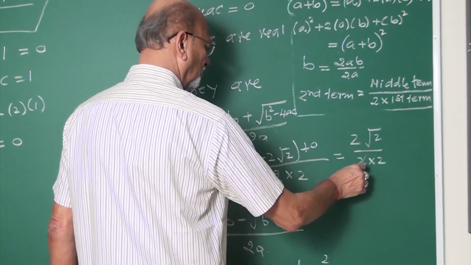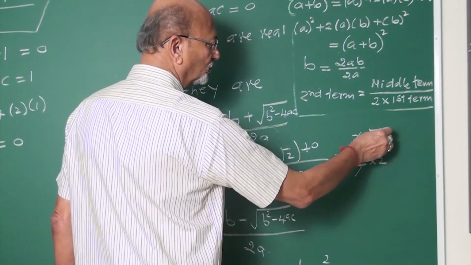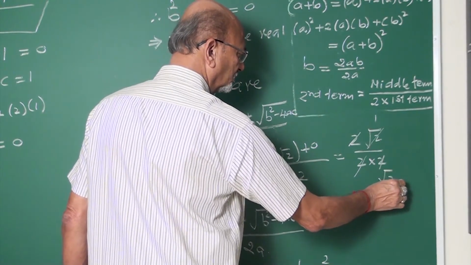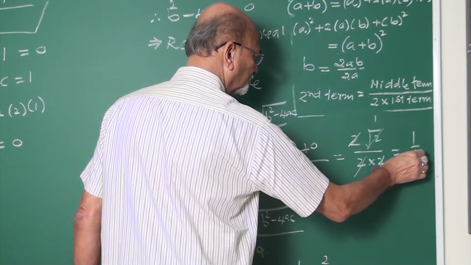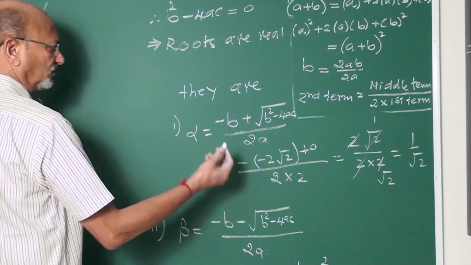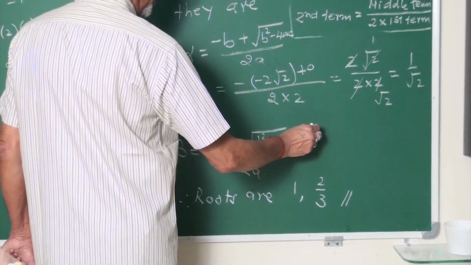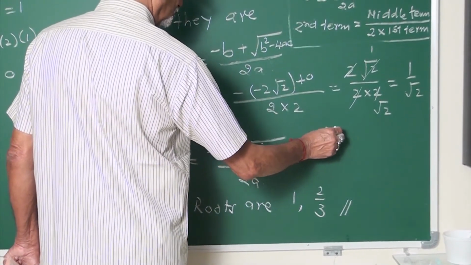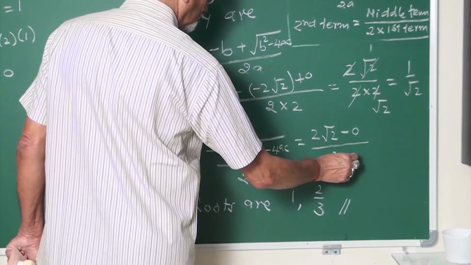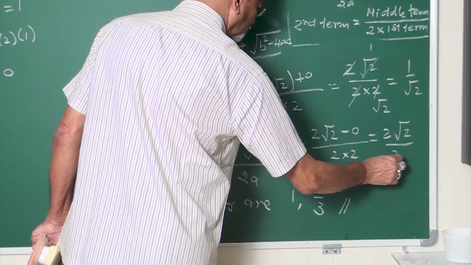My friend, 2 cancels. Root 2 upon 2, root 2 cancels. Therefore, first root is 1 by root 2. You will be getting the same here also. Minus of minus plus 2 root 2 minus 0 upon 2 into 2, which is 2 root 2 upon 2 into 2.